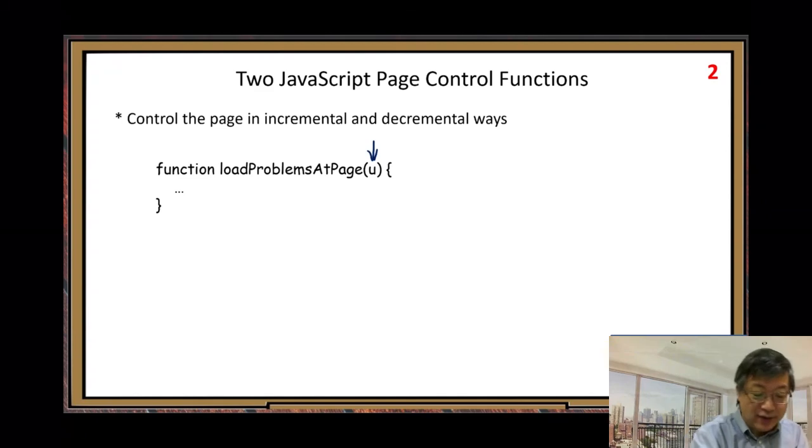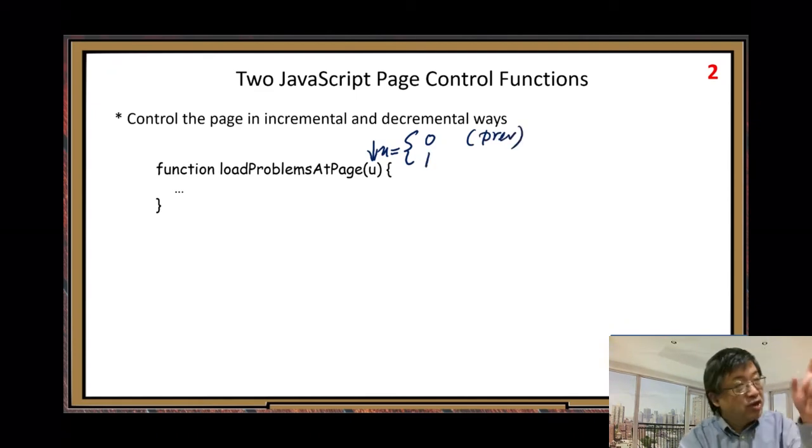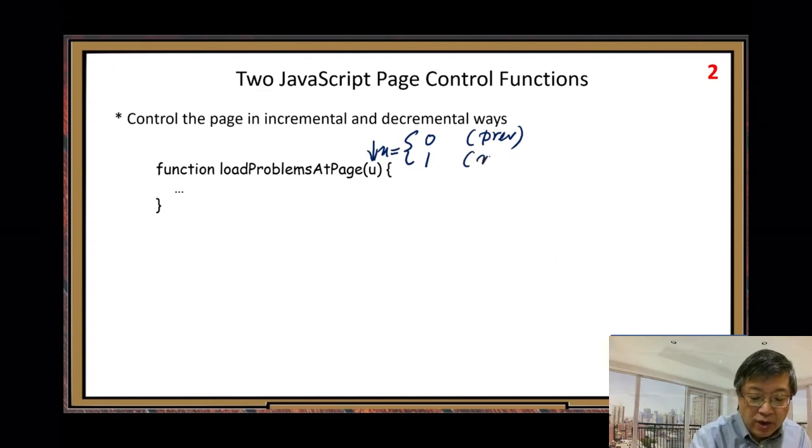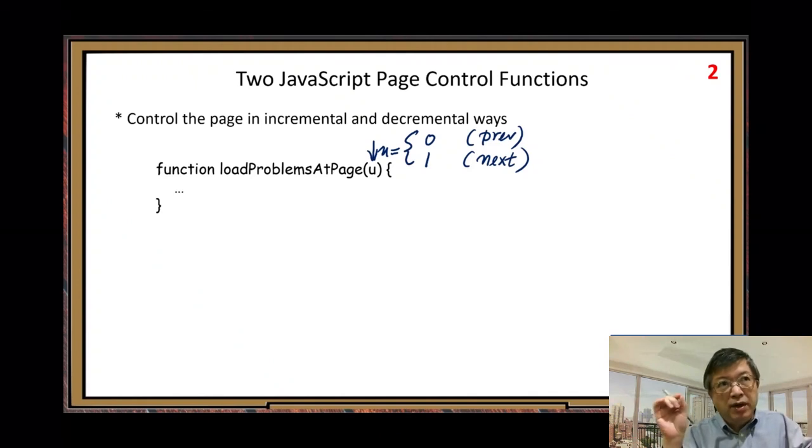For example, when u equals 0, that means we want to navigate to the previous page. When we pass 1 to this function, we tell the function the user wants to go to the next page. 2 different directions using 2 different parameter values to control. So easy, right? So that is our first function.